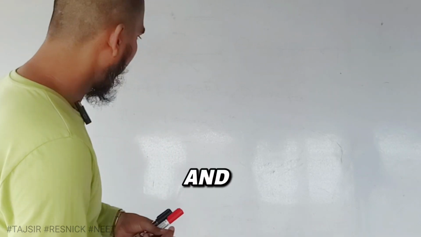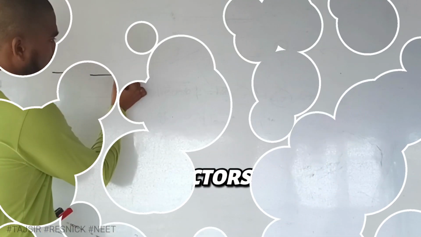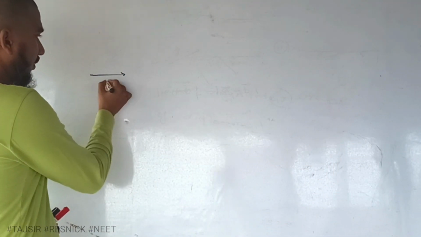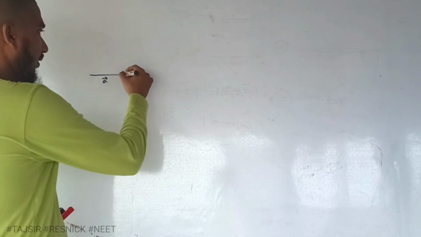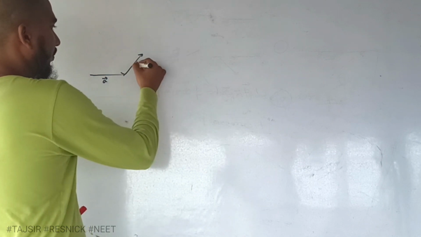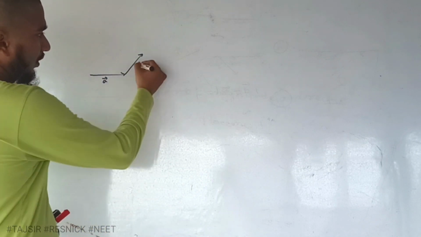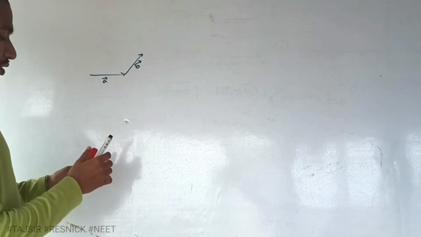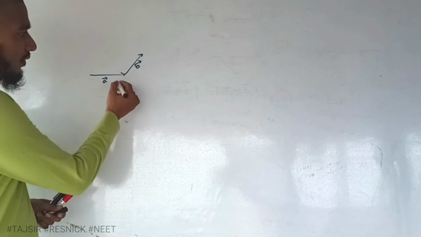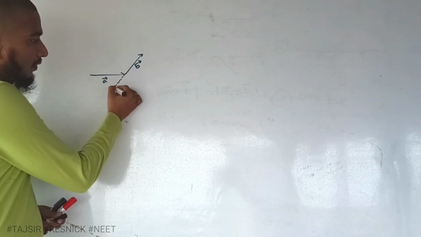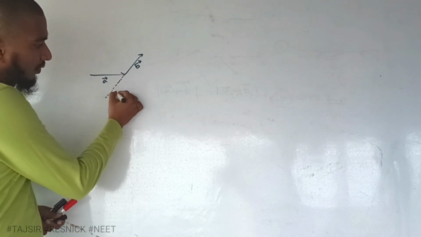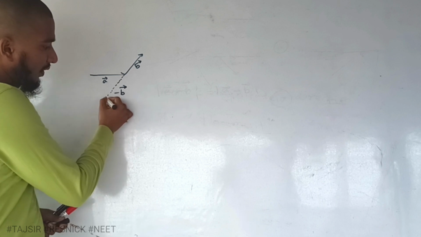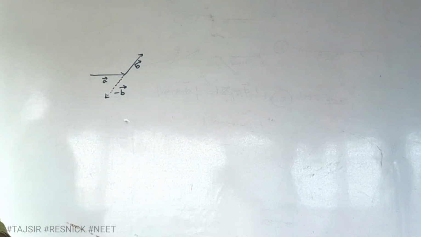on the board. And we have two vectors, say this vector A, and this vector B. And obviously there will be a vector in opposite direction to B, that will be minus B, if they have equal magnitudes.